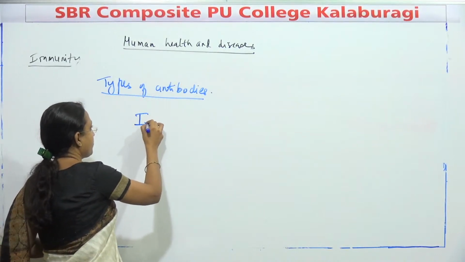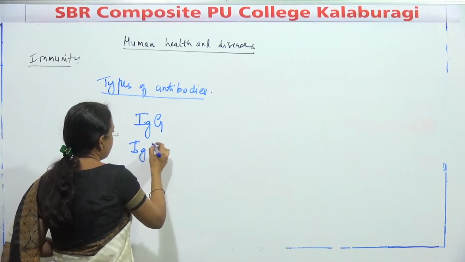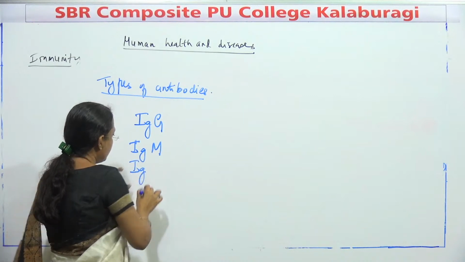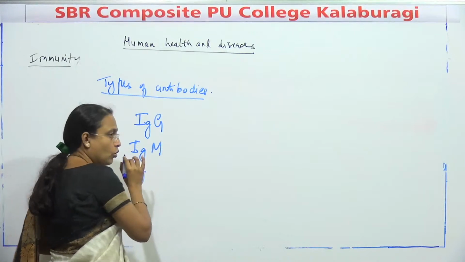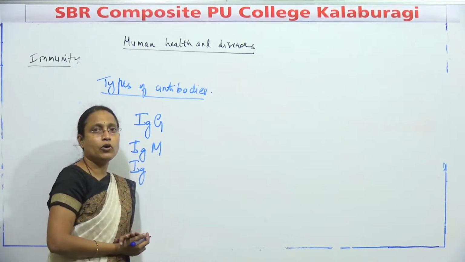One is IgG, another is IgM. Ig means immunoglobulin: immunoglobulin M, immunoglobulin G. They belong to the globulin proteins.